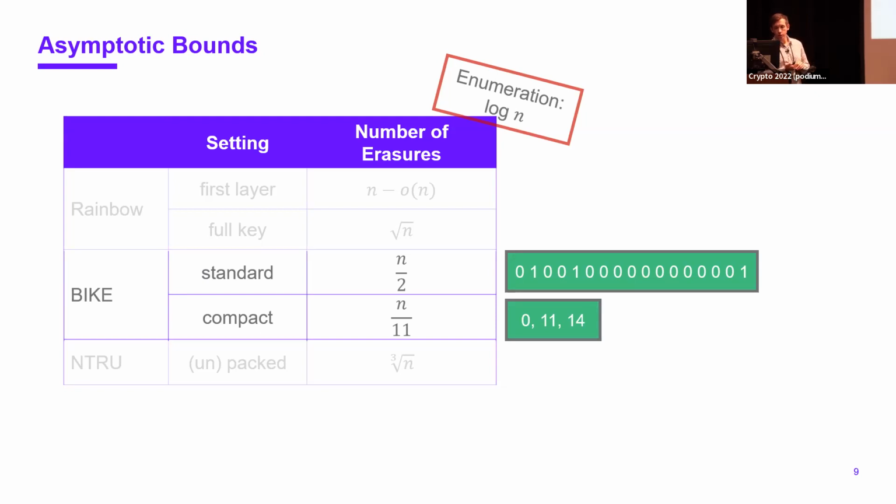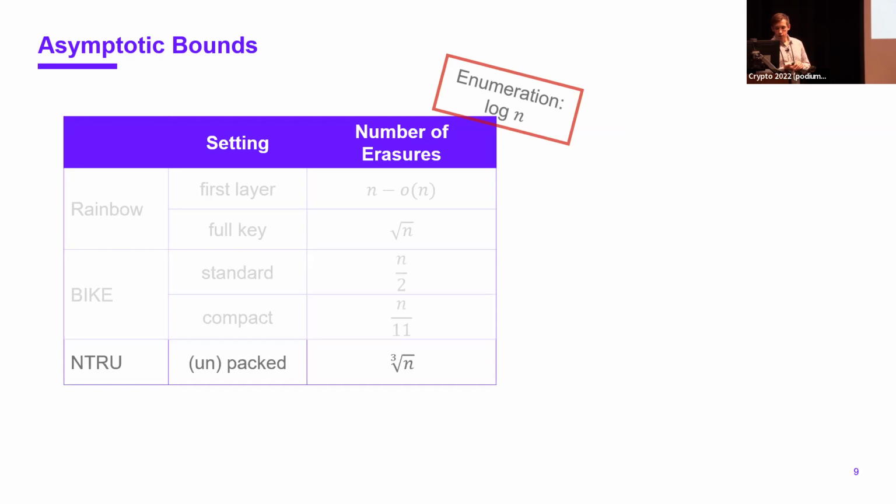tolerable erasures. And in the NTRU case, we also differentiate two settings, but they matter mostly in a practical sense. So here we have an unpacked and a packed representation. In the unpacked representation, the coordinates of the vector are stored via 2 bits each, which is wasting some of the bits.